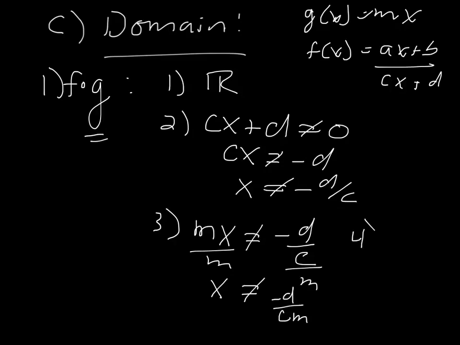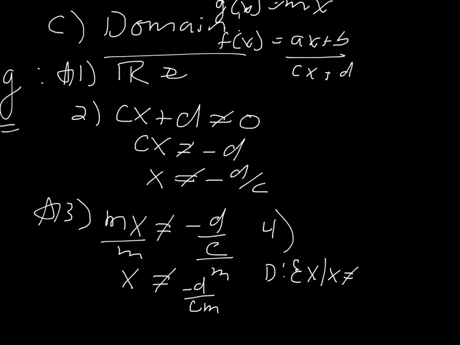And then step 4 was to combine steps 1 and 3. Since this is all real numbers, this doesn't matter, so we can just say the domain is x such that x does not equal negative d over cm.